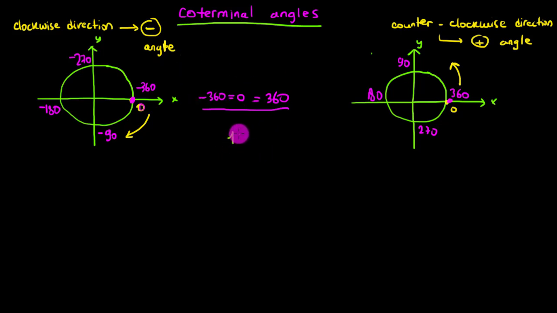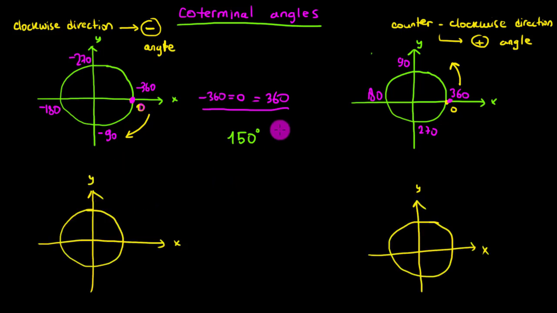Take for example 150. You have this angle, and now let's find its coterminal angles. If you write 360 plus 150, they will be equal because we know that 360 is 0, and 0 doesn't make any change.